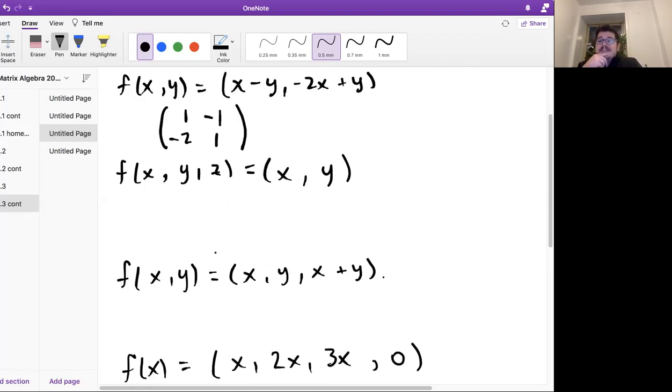Okay. Let's have this one here. f of xyz is equal to xy. So, a strange one. Let me ask you this as we construct this. How many rows will there be? And how many columns will there be? Remember what the rows and columns represented in our definition.